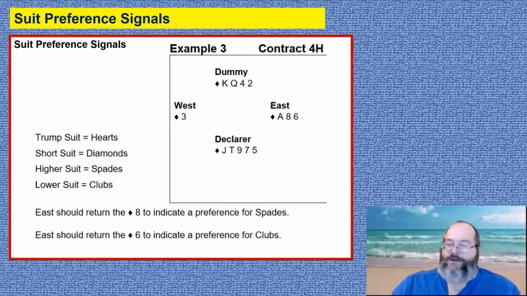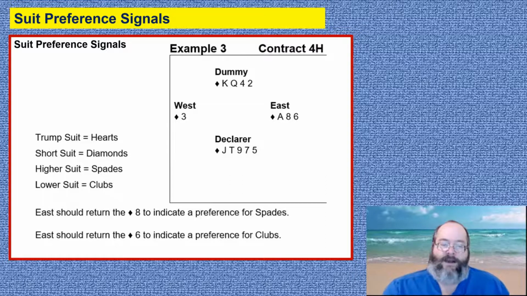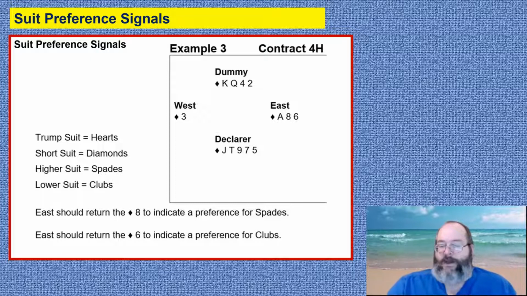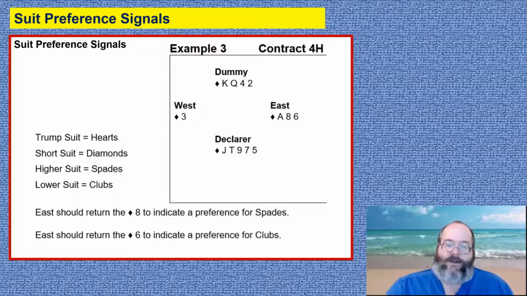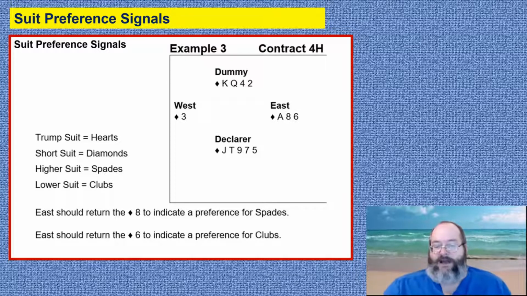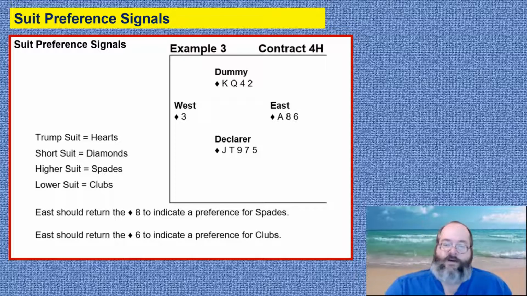My short suit is diamonds, so I don't have to worry about that. So the higher suit remaining is spades, and the lower remaining suit is clubs. So if East returns the 8 of clubs for West to ruff, that would be the higher ranking suit.